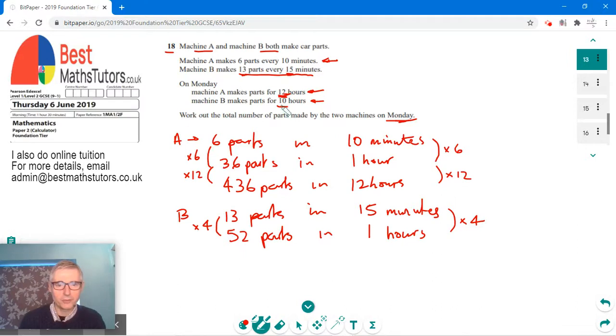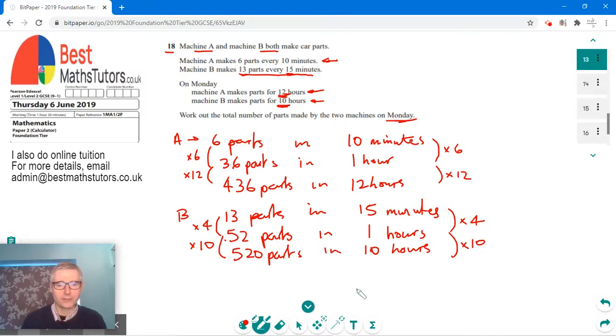And we now need to get to 10 hours. Well, 10 hours means we multiply the number for 1 hour by 10, so we multiply the 52 by 10. We probably don't need the calculator for that, because we can just see that 10 times 52 gives us 520 parts in 10 hours.